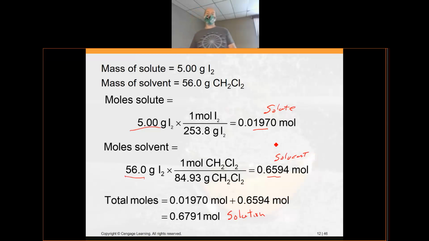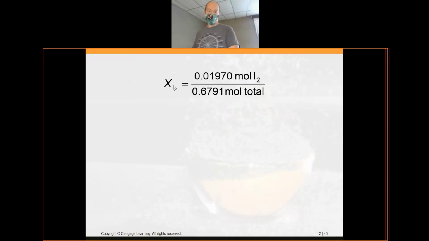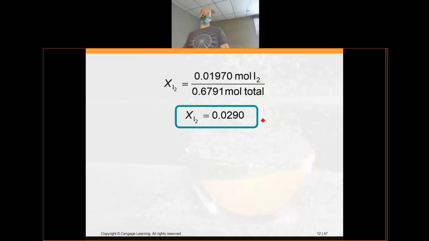So to get your mole fraction, you're going to take your moles of solute, divide by your moles of solution. And if you want the other mole fraction, you simply subtract from 1, or you take your moles of solvent, divide by your moles of solution. Either way will give you the same answer. That gives you 0.0290.